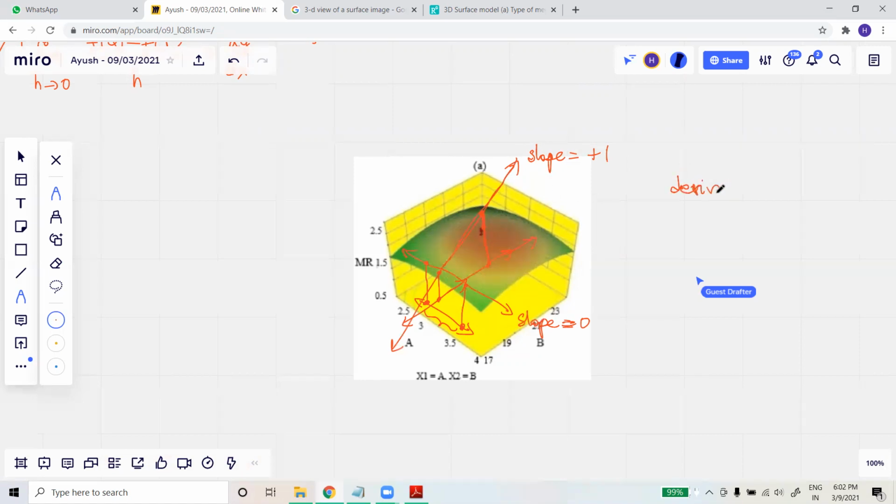The derivatives of a function on a surface in different directions are different. They have different values, and hence the concept of directional derivatives.